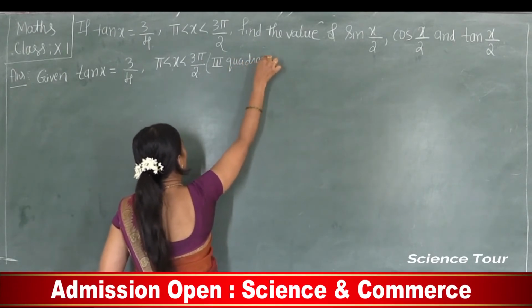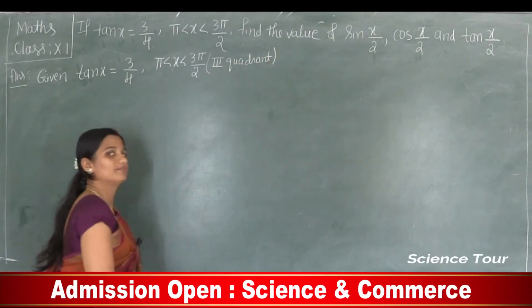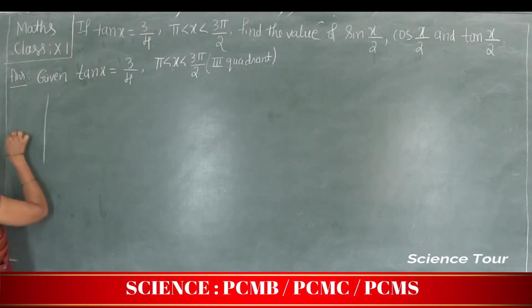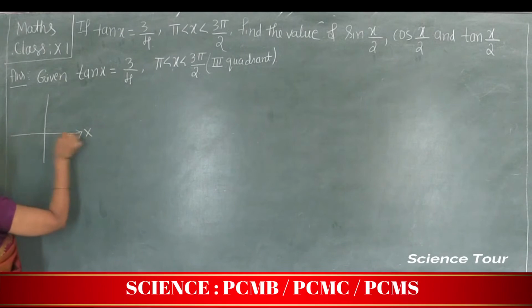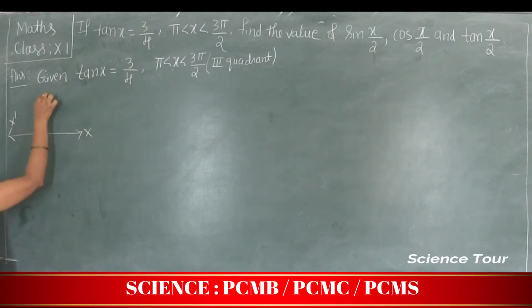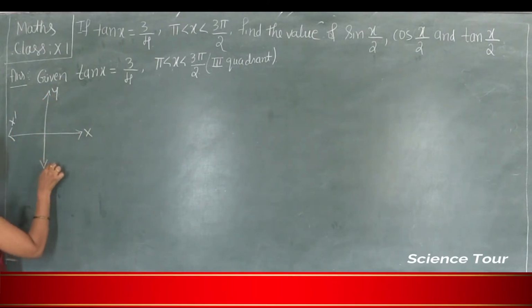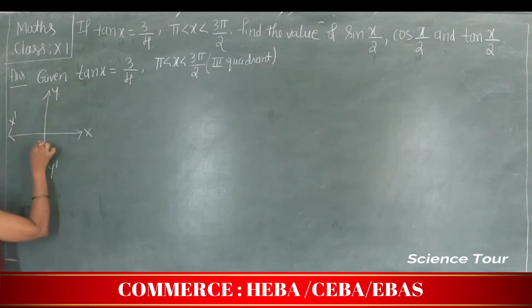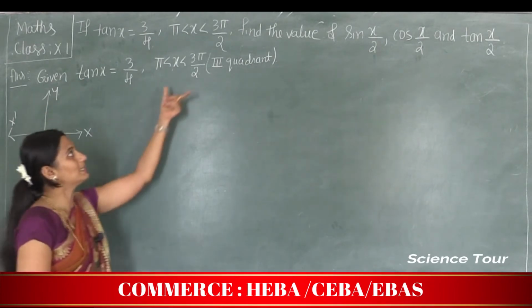Now in this third quadrant I draw a triangle. So this is x, this is x dash, this is y and this one is y dash. First, related to the given, we will find this tan x. So x lies in the third quadrant.